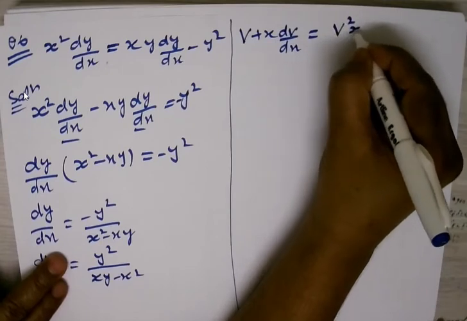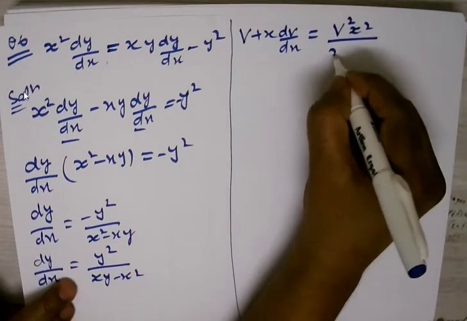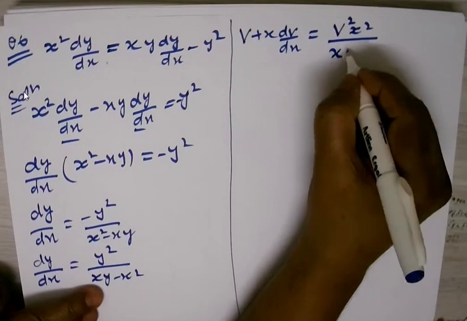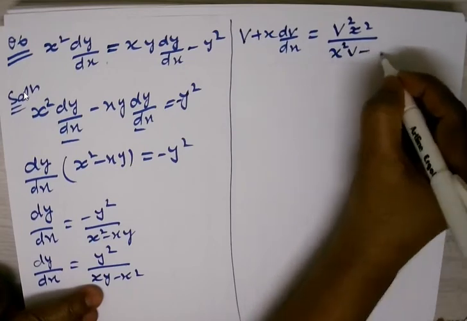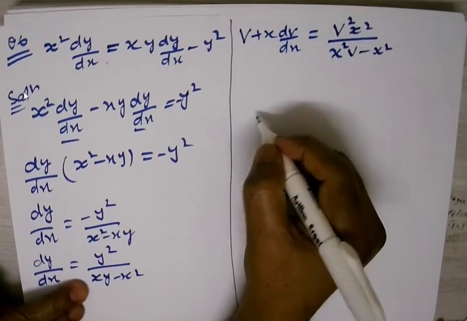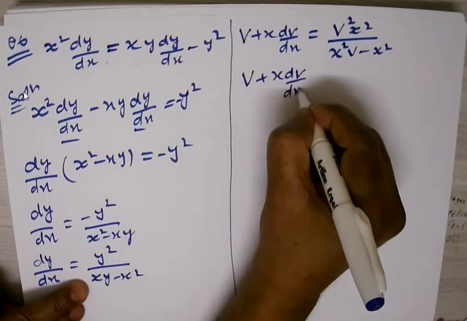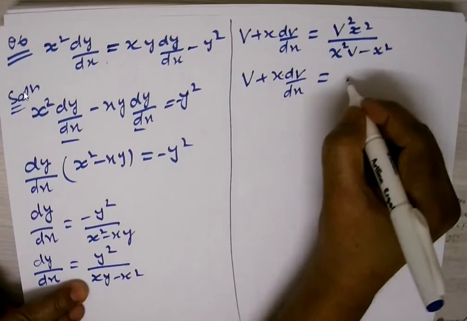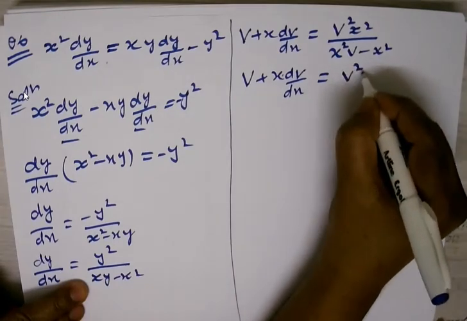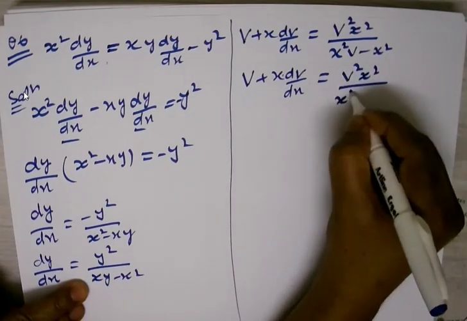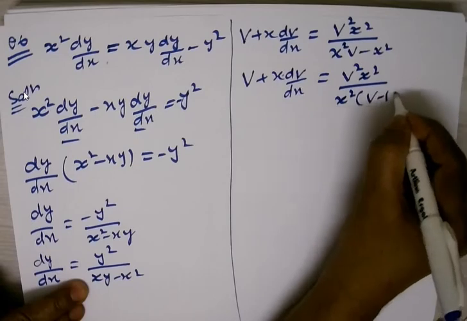That means v²x² divided by x·vx, so v·x² − x². It comes now like this: v + x dv/dx = v²x²/(x²(v − 1)), keeping x² outside, so it is coming v − 1.